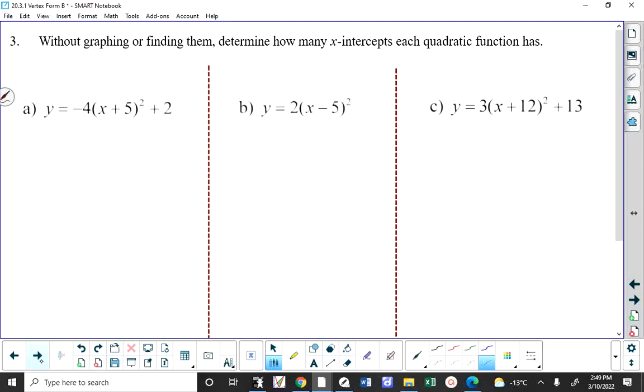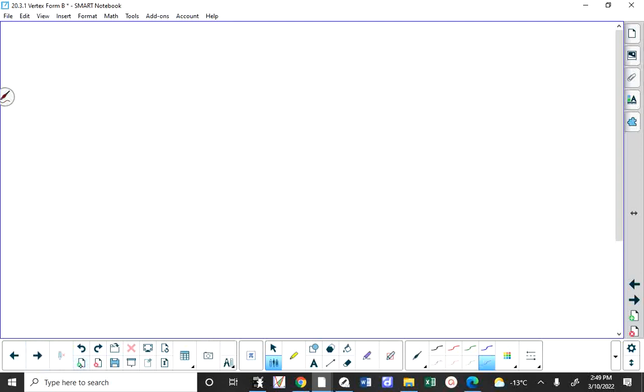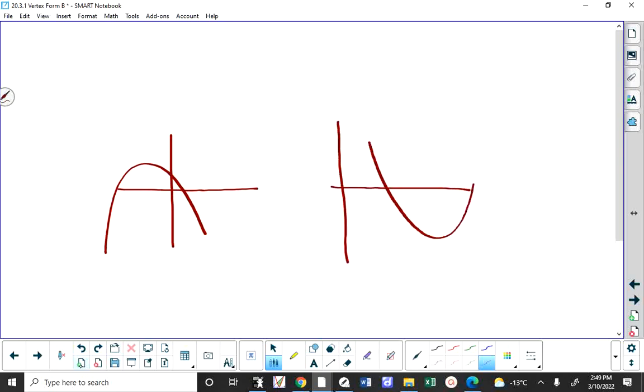Some of you know almost immediately. See, if you look at parabolas that cross the x-axis in, say, 2 places, they will either look something like this or something like this. If they open downward, the only way they will cross the x-axis twice is if Q is positive.